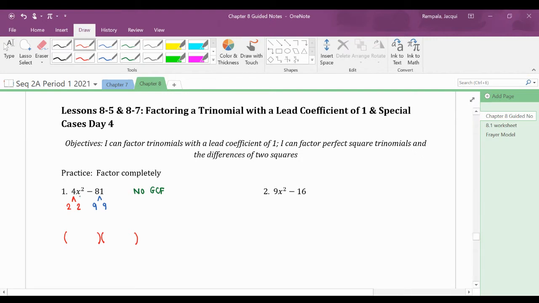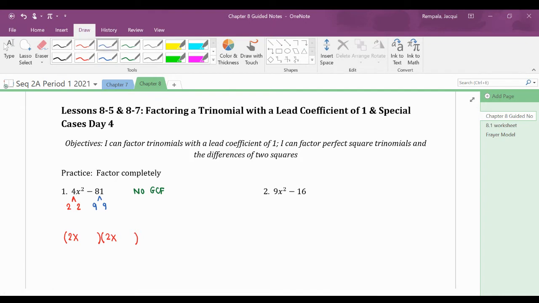Because that x squared has the 4 in front and 4 is 2 times 2, I'm not going to start off my parentheses with just x's today. Because 4 is 2 times 2, I'm going to have a 2x and a 2x. So the numbers that are alongside of the x squared need to go with the x's when you put them in the parentheses.